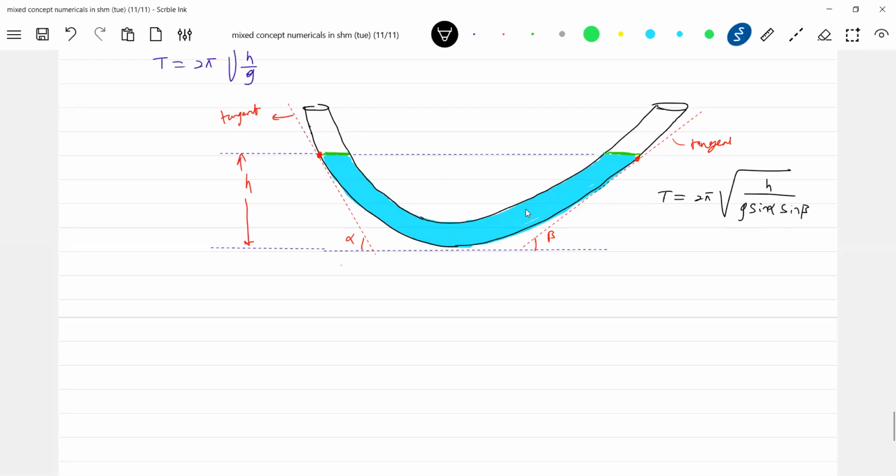So what is the method? What is the basic idea for any arbitrary shaped tube? We draw a tangent.